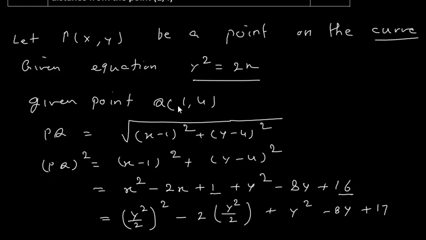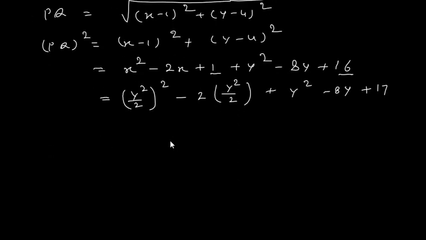So what we have done, we have written this PQ square in terms of y. So we have converted this PQ square, which is square of distance, in terms of y. So here it is y power 4 upon 2 to the 4 minus, here 2 will cancel, so it is minus y square and plus y square.